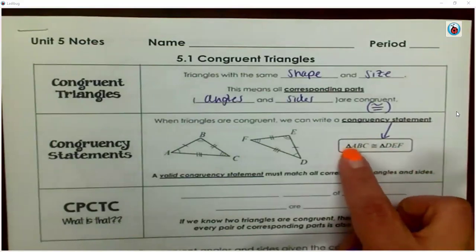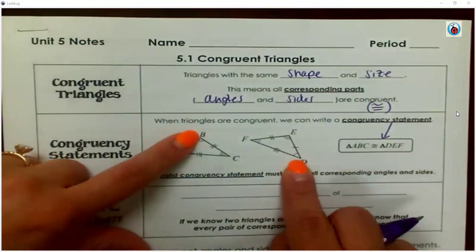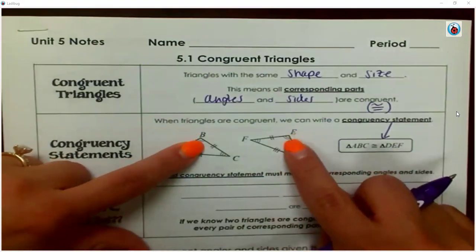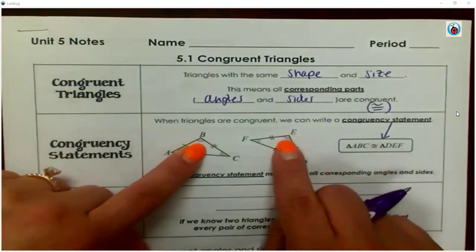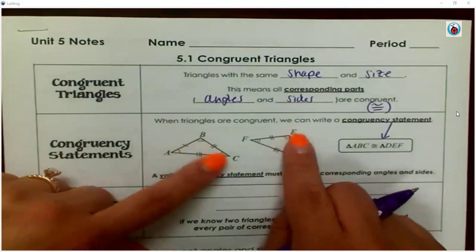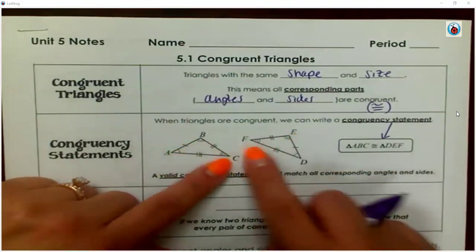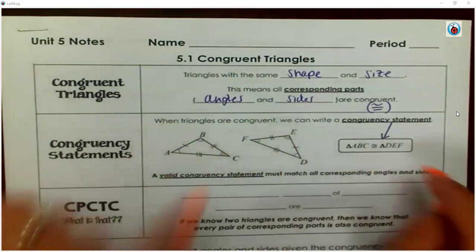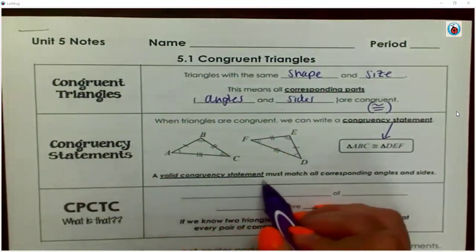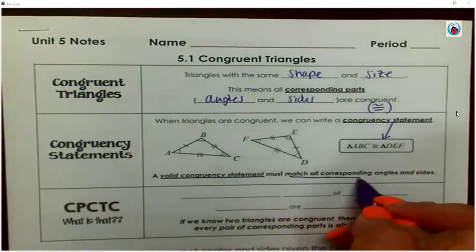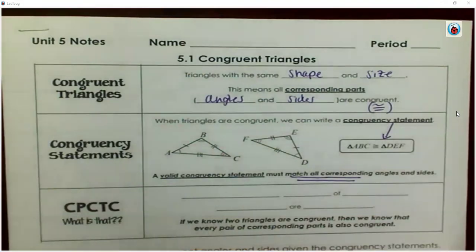So A and D are congruent, B and E are congruent. You can also see here by the little markings how they have the same marks. And then C and F are congruent, along with each of the sides. Now, a valid congruency statement must match all corresponding angles and sides.